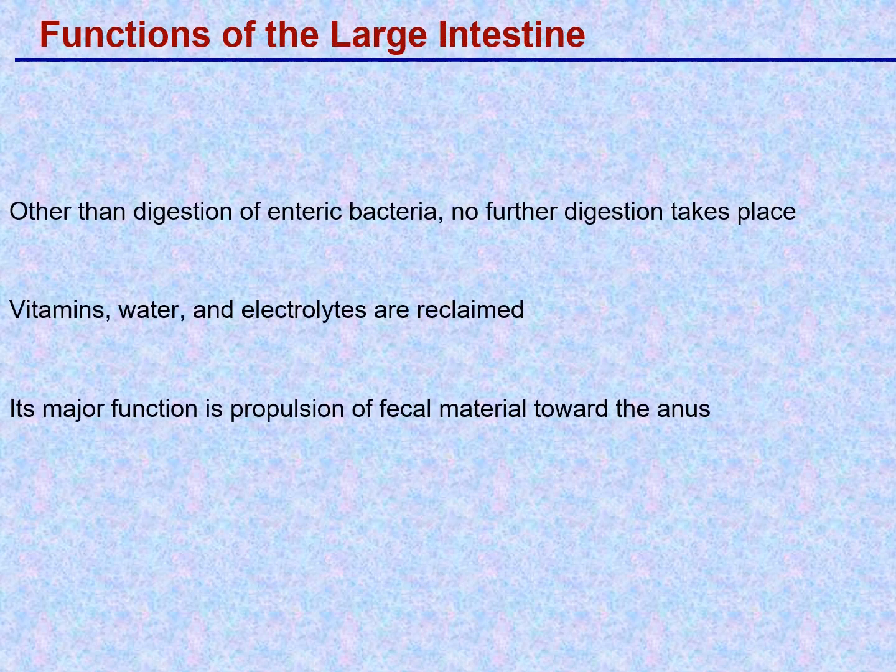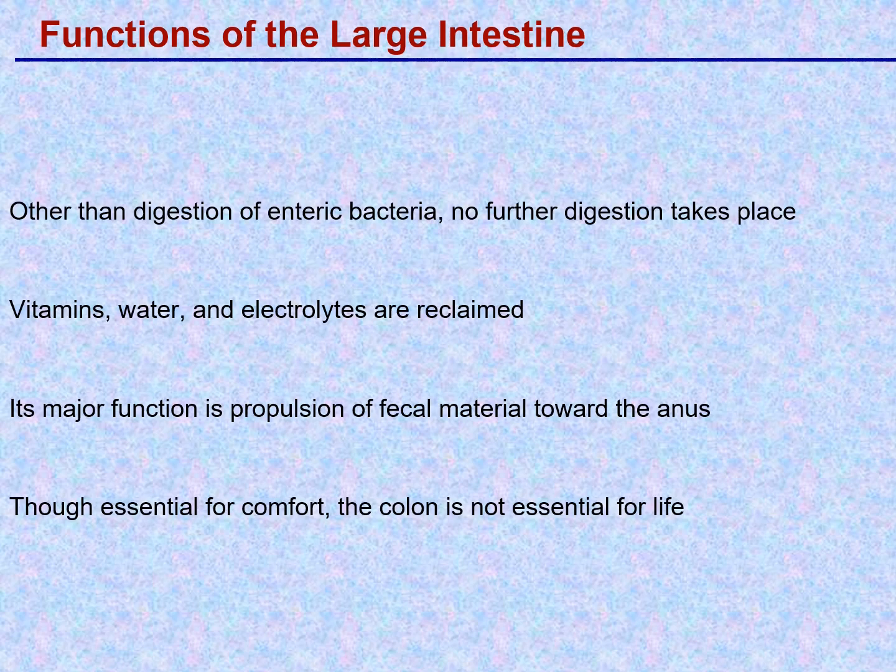The large intestine is not really involved at all in digestion or absorption of nutrients. The digestion has already occurred in the small intestine. All the nutrients that were going to be absorbed were absorbed in the small intestine.